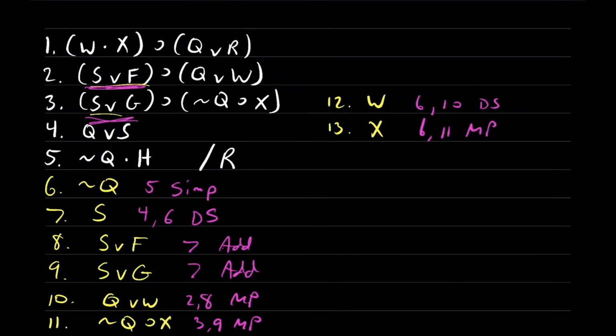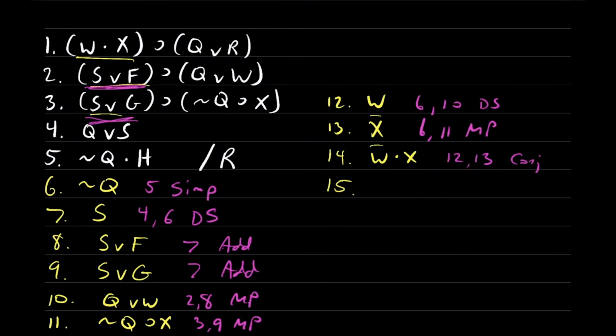Now, the reason that's important is that in line 1, the antecedent of that conditional is W and X. And now we have W and X on their own lines in line 12 and 13. If we can join those together with a dot, we'll have the antecedent of that conditional in line 1. So W and X. And that now, be really careful here. That doesn't follow from line 1. That follows from line 12 and line 13 by conjunction. Okay?